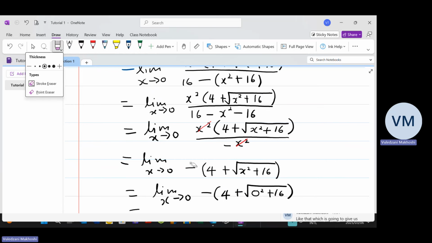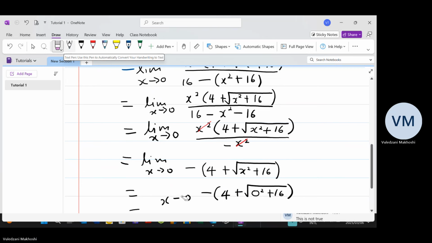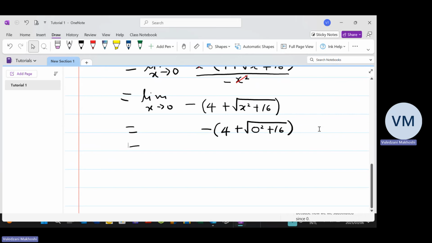Because now we substituted, since 0 is in the domain of our function, we no longer write the limit when we do the substitution. And this is going to give us, as you can see, minus open bracket 4 plus the square root of 16, which is 4.